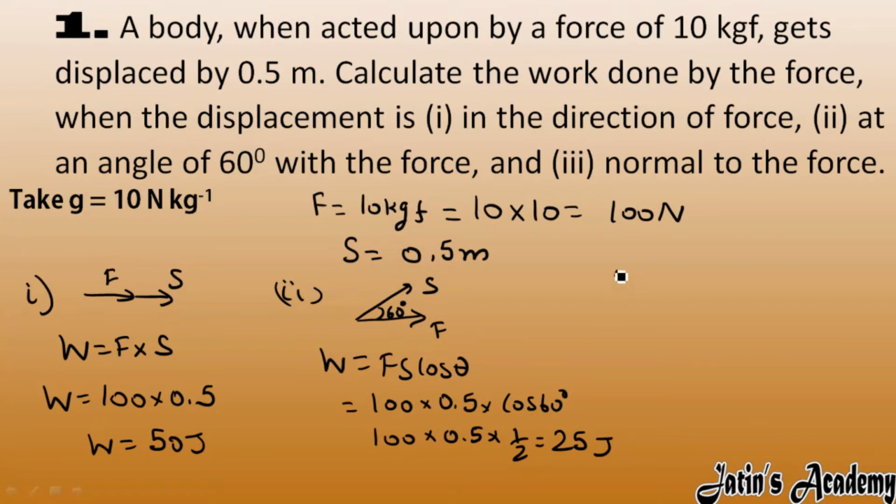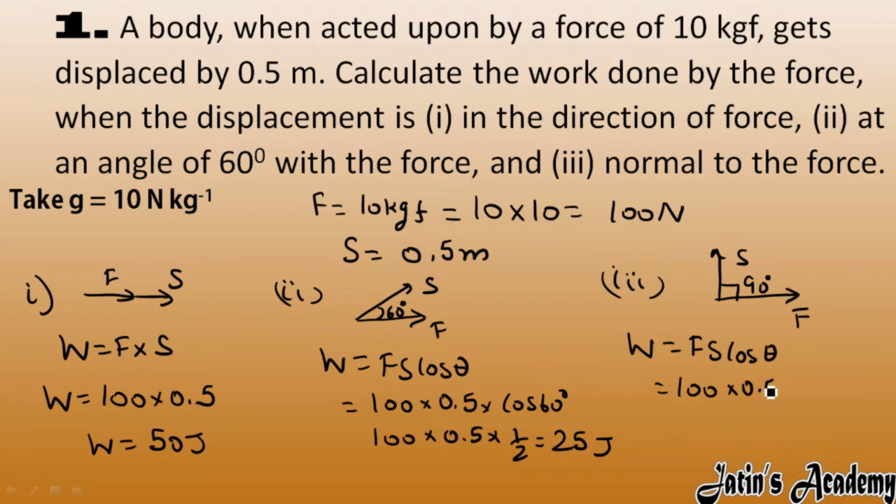Third case: when displacement is normal to the force. This is displacement, this is force, angle is 90°, normal. So work done is F s cos theta. Force 100, displacement 0.5, and theta in this case is 90, and the value of cos 90 is 0.